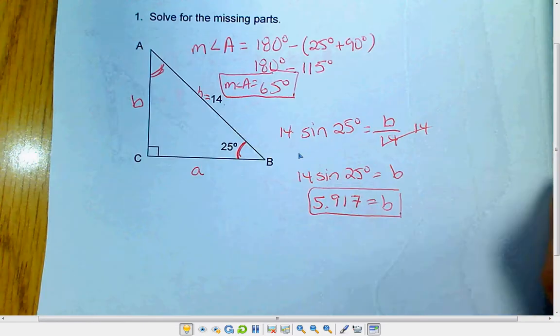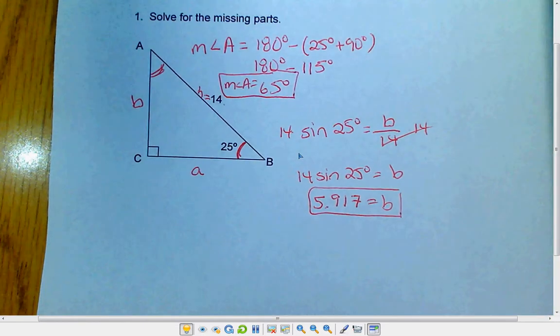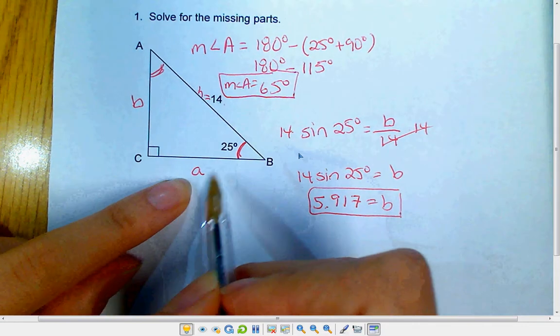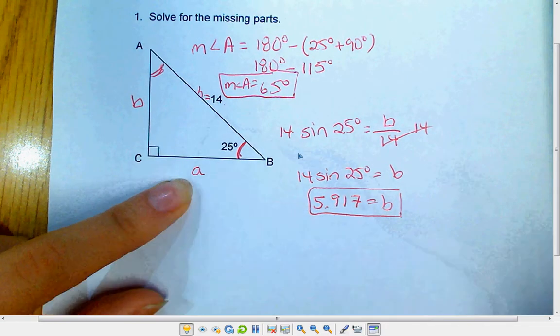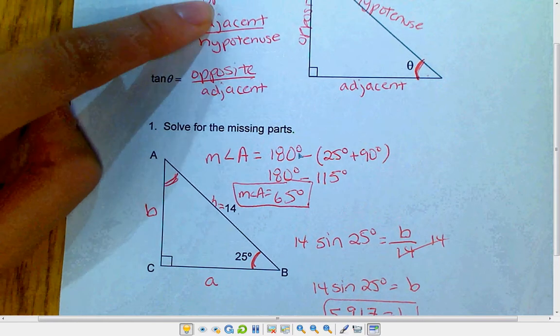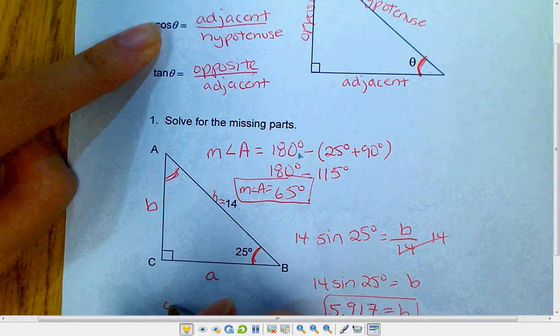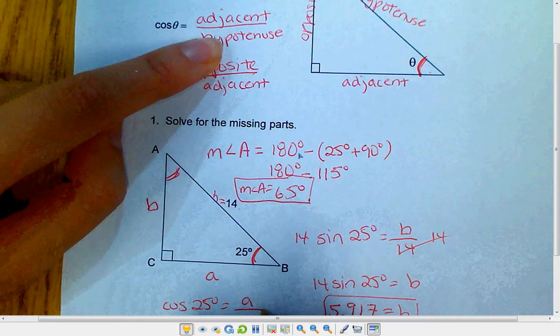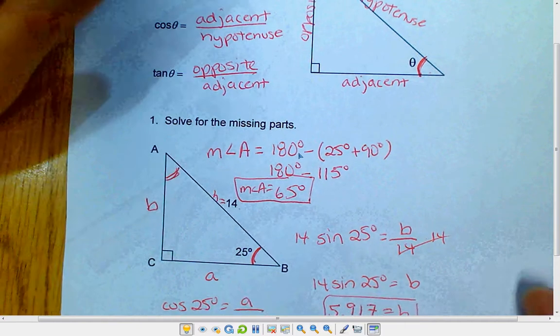So now I'm going to do the same thing for A. Again, using the angle 25 degrees, A is now adjacent to this angle, and I can still use 14 for hypotenuse. So this time I'm going to use adjacent over hypotenuse, which is cosine. So cosine of 25 degrees is adjacent, which is A, over hypotenuse, which is 14.